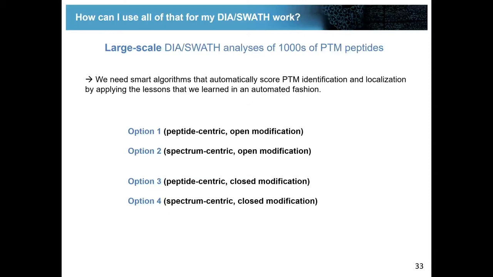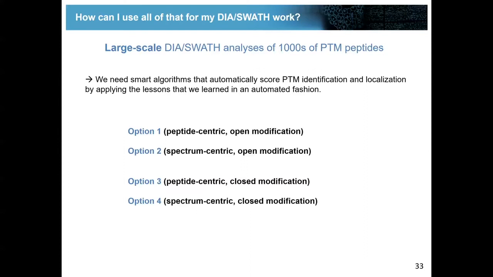So there are ways and algorithms out there where you can perform open modification analysis of PTM data. Open means you do not need to specify in advance which PTMs you're interested in. The algorithm just tries to find PTM carrying peptides, and you can do this in a peptide-centric or spectrum-centric way, as we have heard many times throughout the week.